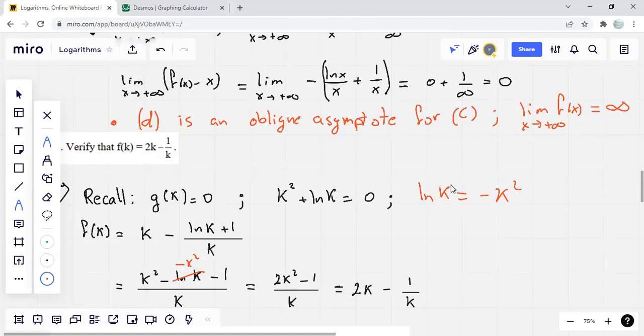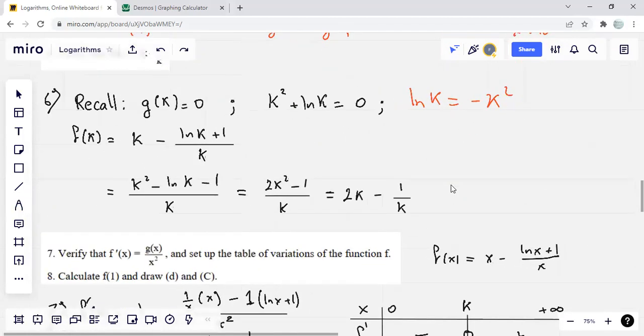So k squared plus k squared gives 2k squared minus 1 over k. I can split the fraction, so this becomes 2k squared over k minus 1 over k. One of the k's cancels out, and I'm left with 2k minus 1 over k, which is the needed answer.